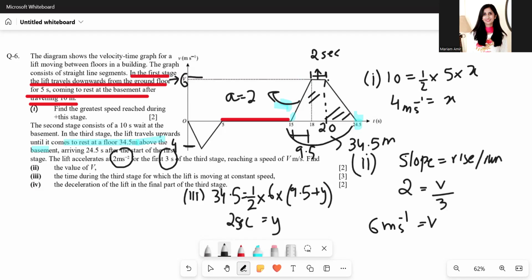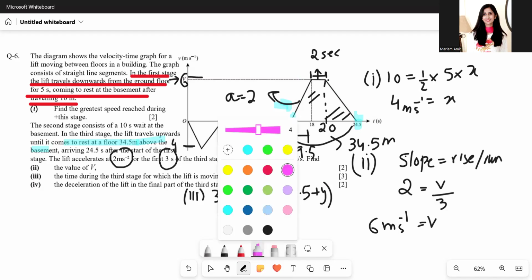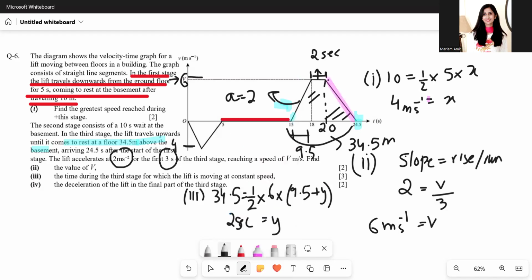Okay, find the deceleration of the lift in the final part of the third stage. So now we need to find the deceleration here. Again, deceleration is just like acceleration, rise over run. And with deceleration, you don't have to put a negative sign. Okay, so for this pink part, this rise is 6 from here to here.